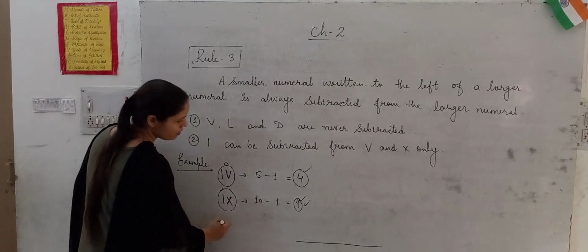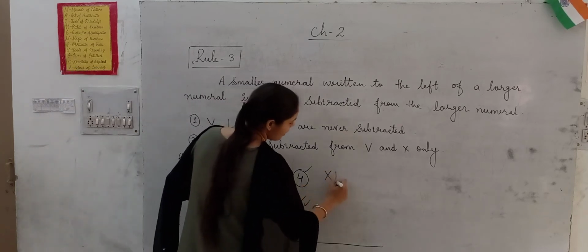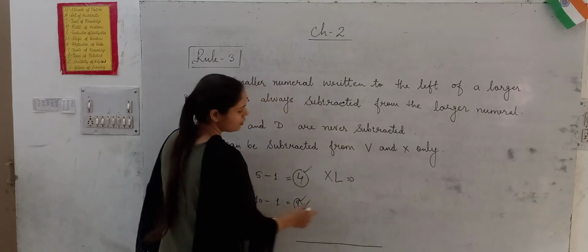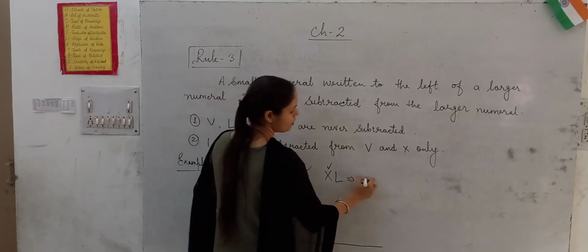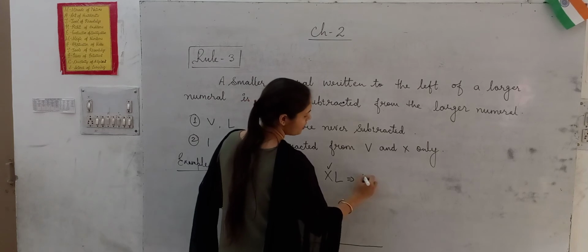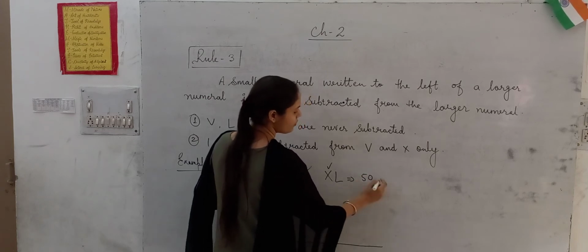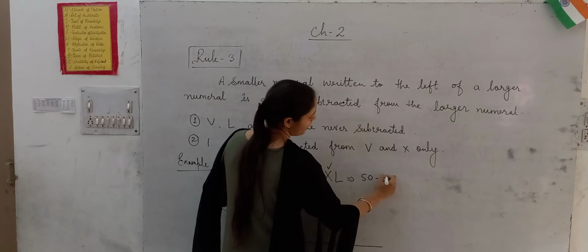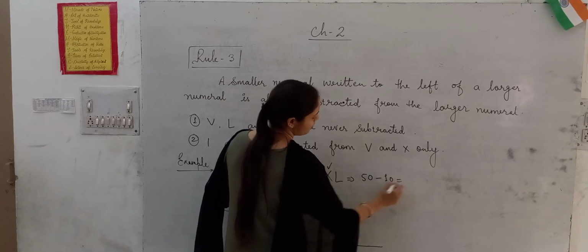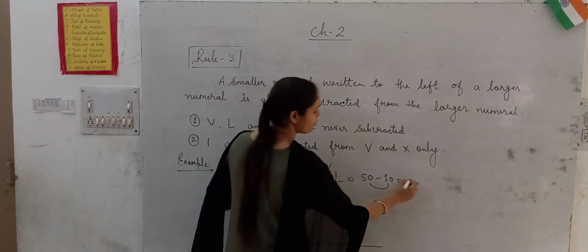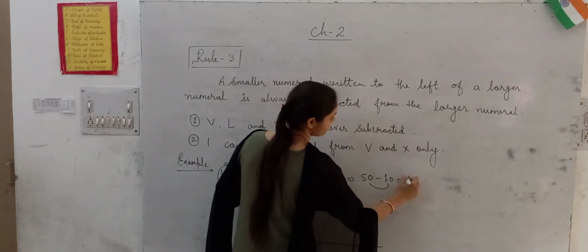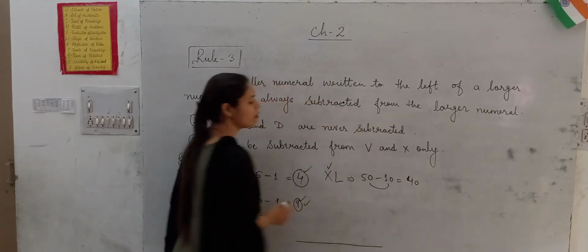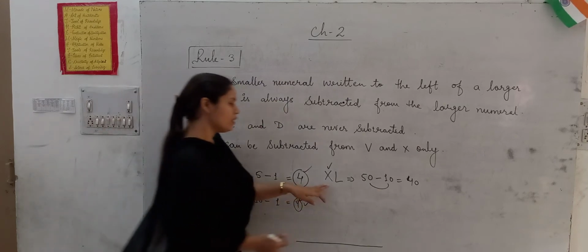Some more examples, like X and L. X is a smaller numeral and L is a larger numeral. L means 50, minus X means 10, so we subtract 10 from 50, it will be 40. So, 50 minus 10 makes 40.